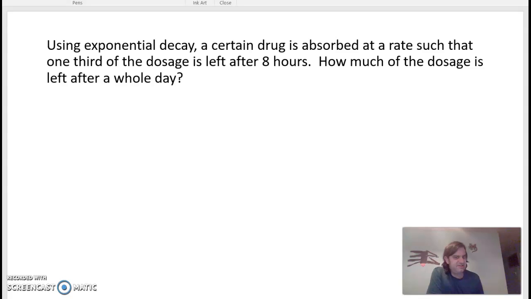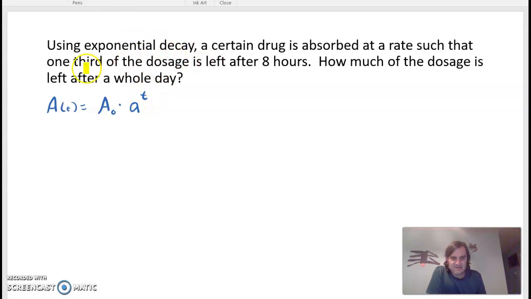Okay, one more of these. Using exponential decay, a certain drug is absorbed at a rate such that 1/3 of the dosage is left after 8 hours. How much of the dosage is left after a whole day? Okay, so once again, our formula is A of t equals a sub 0, as far as our starting amount, times a, which is our rate, to the t.